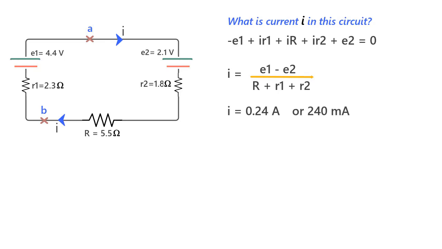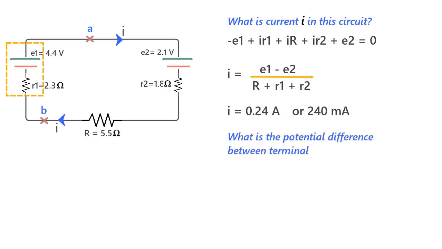So the next question is, what is the potential difference between the terminals of battery 1? And this in a way is equivalent to asking what is the potential difference between points A and B, because you can see that A is at the same potential as this battery plate and B is at the same potential as this plate.